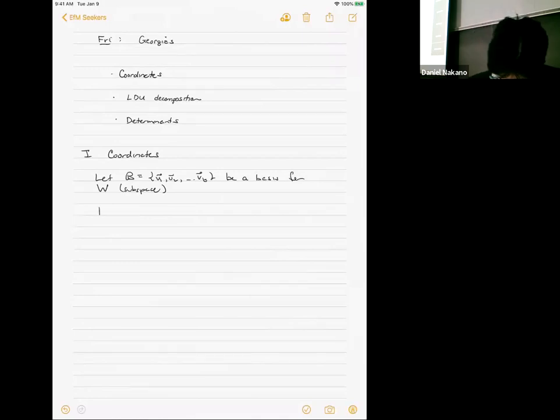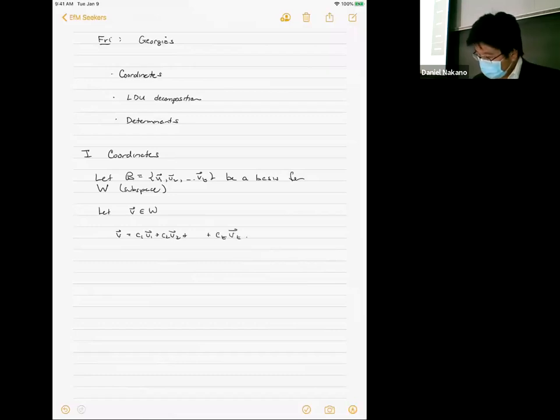So let V be in W, and V is C1 V1 plus C2 V2 plus up to CT VT. What I can do is write the vector with respect to the basis, and I can just pick off the coefficients, C1, C2, up to CT.